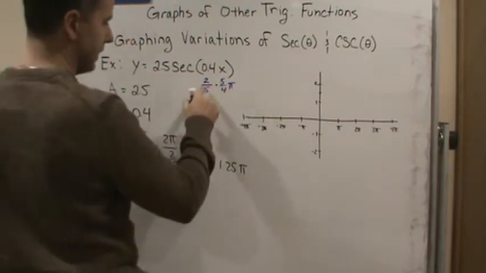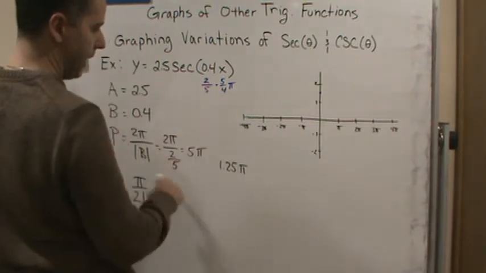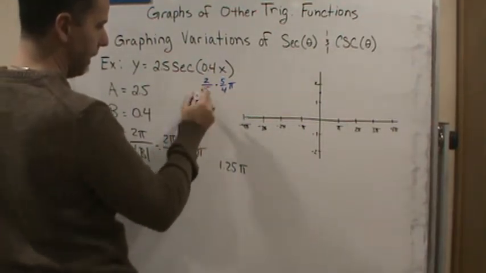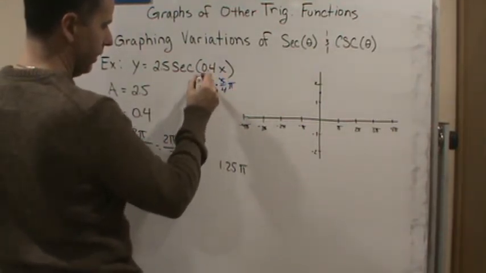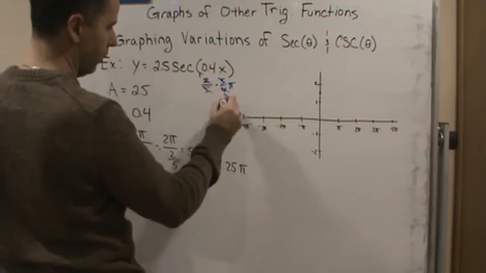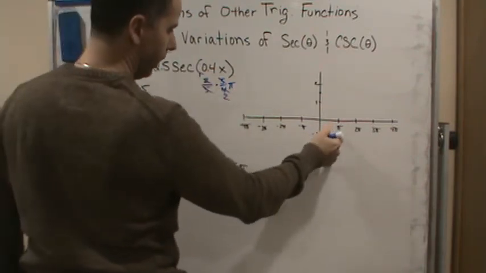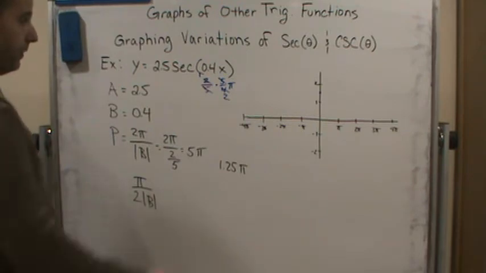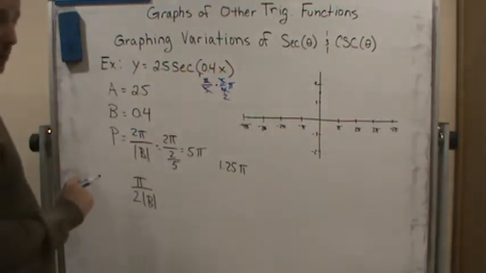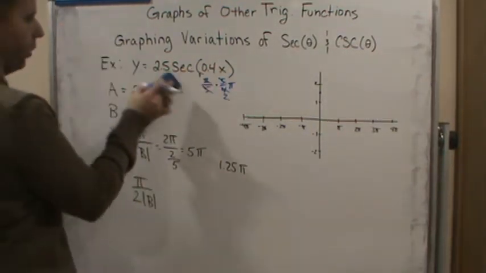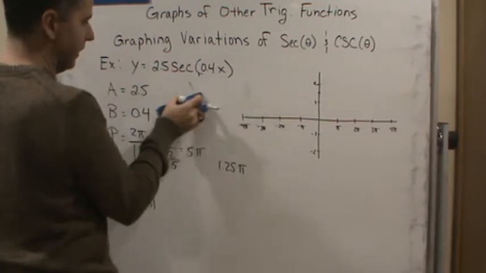Well, what happens when x is 5/4 pi? This cancels with this, and we get 1/2 pi, and we know that the cosine of pi over 2 is 0. So that makes sense.